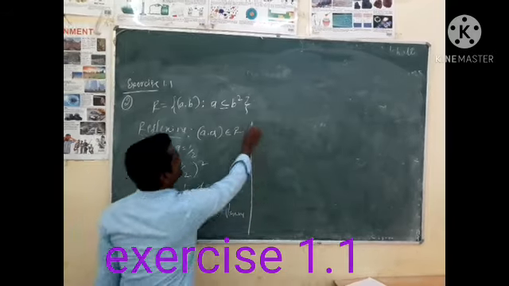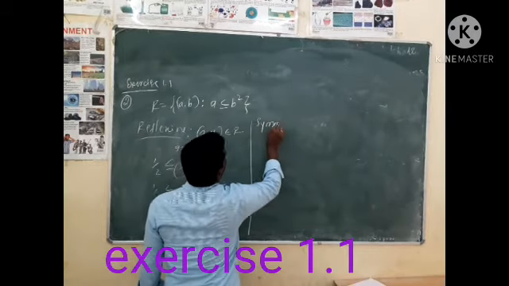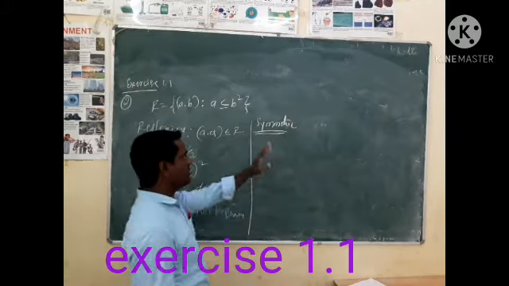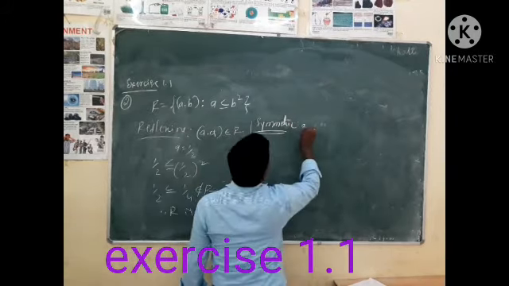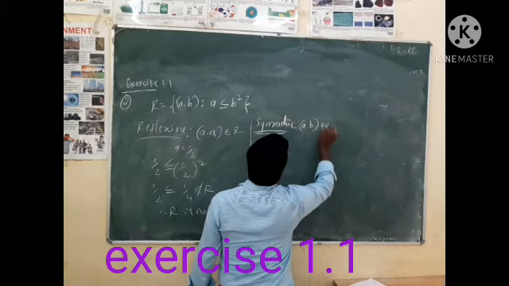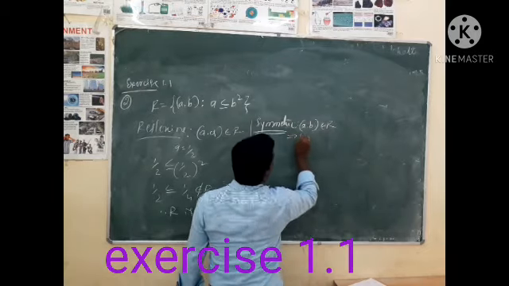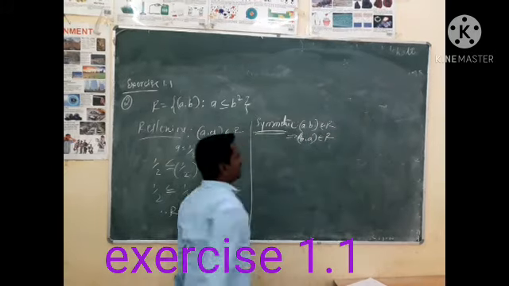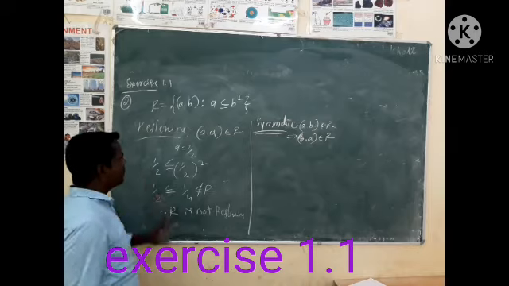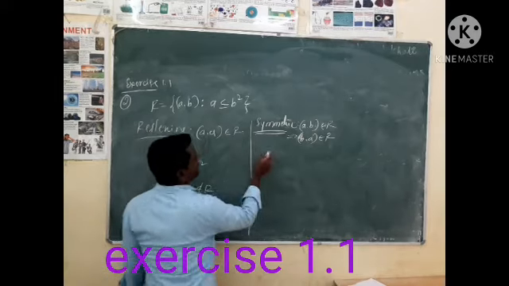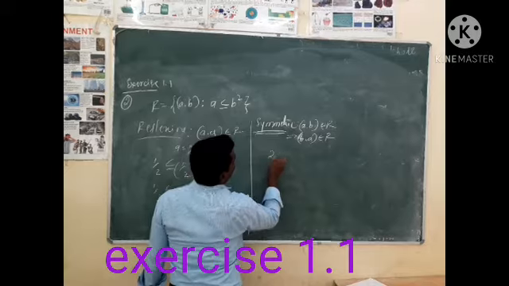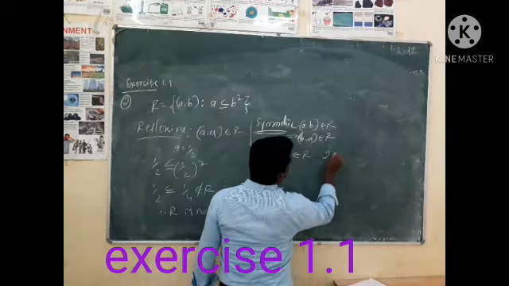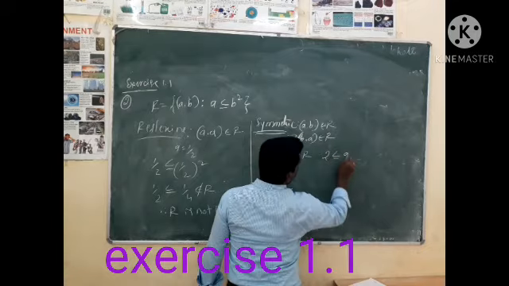Then what about symmetric? We know the condition for symmetric: (a, b) belongs to R implies (b, a) belongs to R. Take (2, 3) belonging to R. That shows 2 ≤ 3² which is 9.